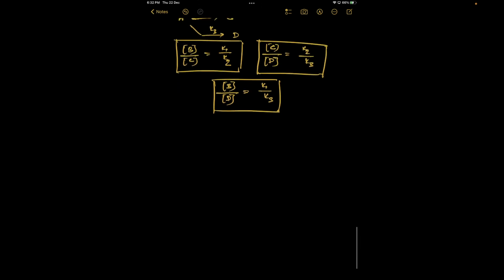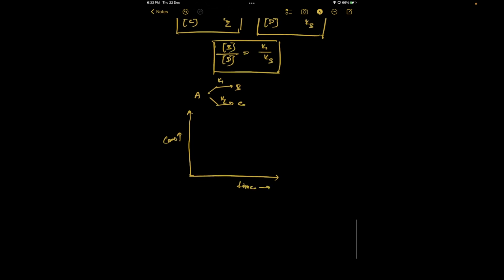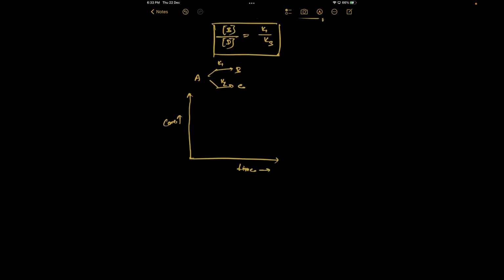Okay, now let's consider this reaction, A to B and A to C, with rate constants K1 and K2, and let's draw the graph for the parallel reaction. This is concentration, this is time. Initially, at time t equal to 0, there are no B and C molecules, only A molecules, so the concentration is, let's say, A0.